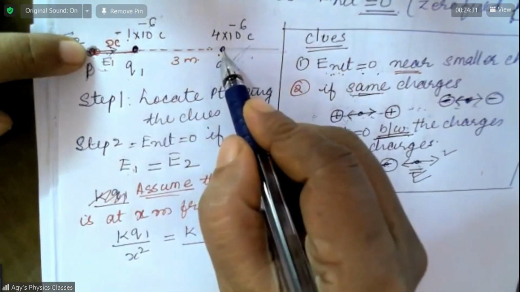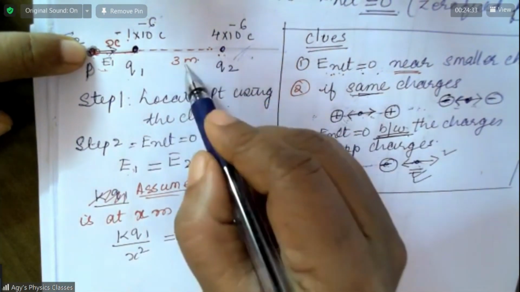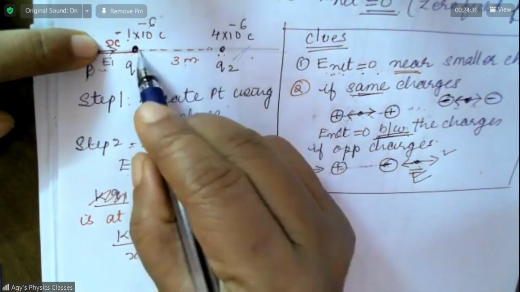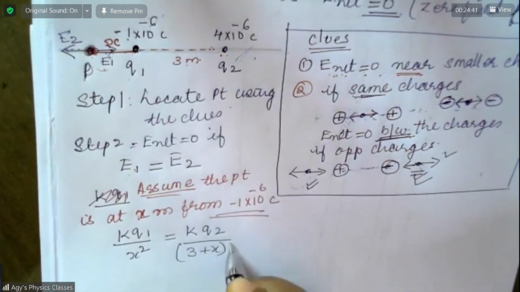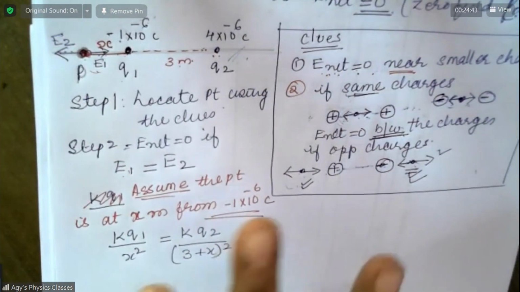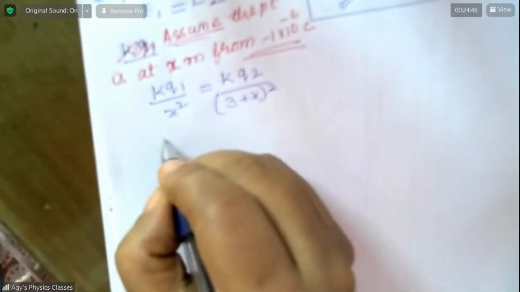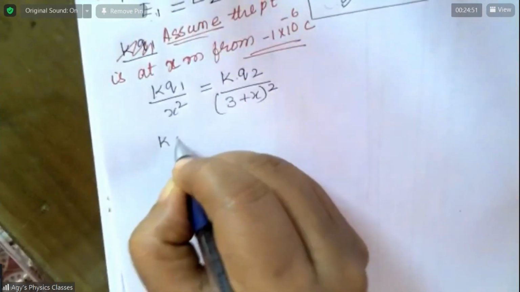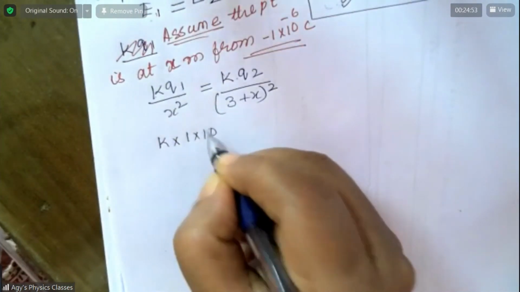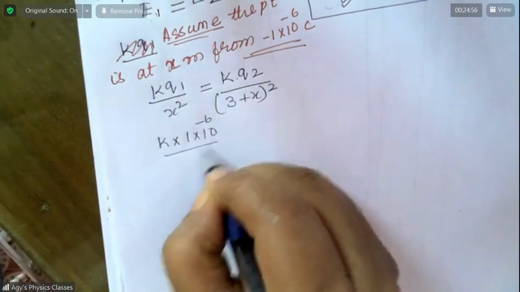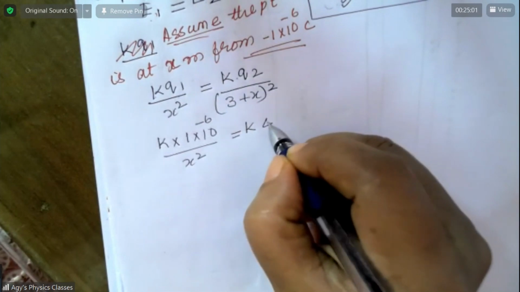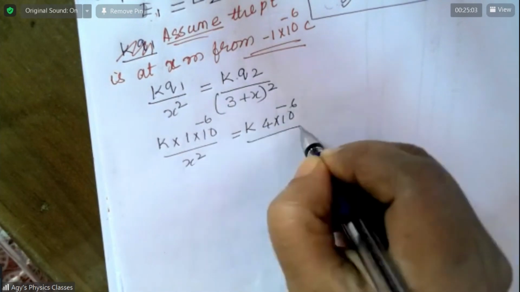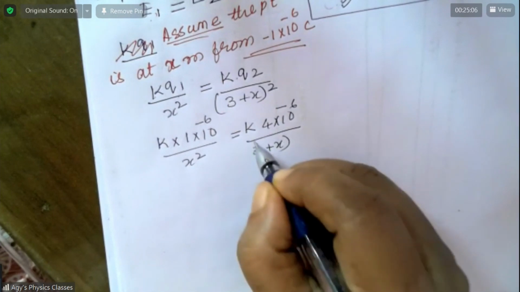Hassan? 3 plus x. Very good. This much is 3. This is x. Now you put in values. K, no need to put. K into 1 into 10 to the power of -6 by x square is equal to K into Q2 is 4 into 10 to the power of -6 by 3 plus x whole square.